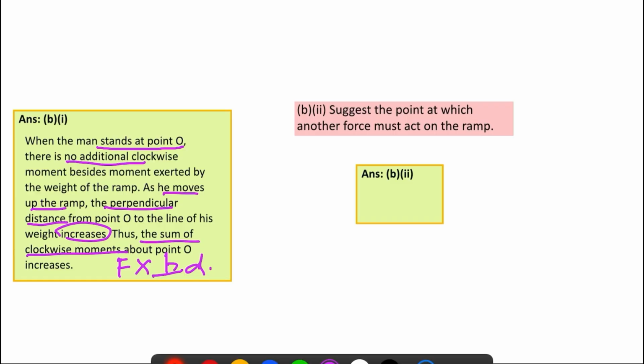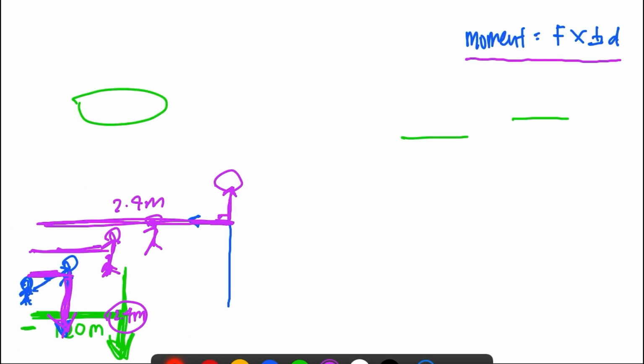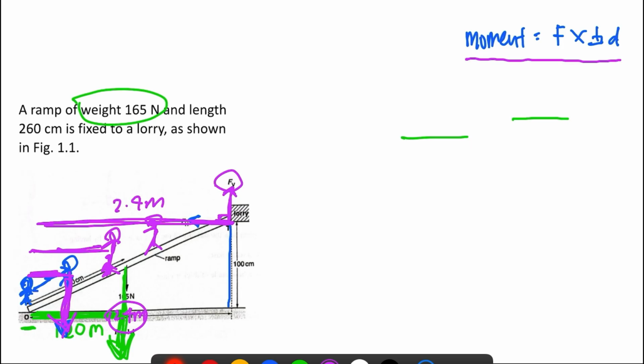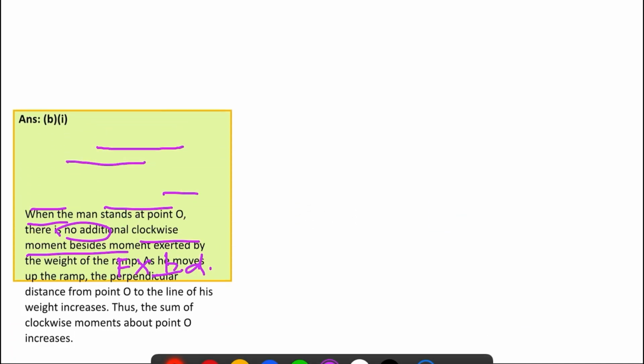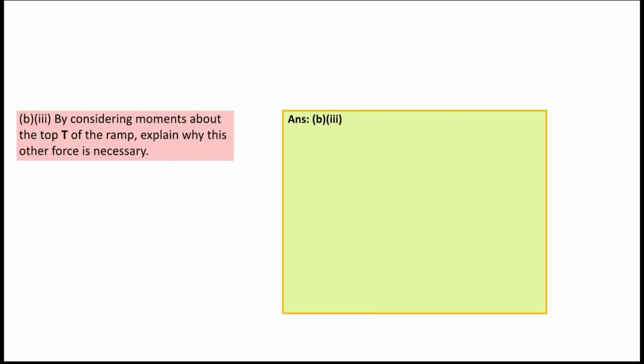Next. State at which point another force must act on the ramp. What's the other force that must act on the ramp? It is actually at point O. By considering moments about the top T of the ramp, explain why this other force is necessary. At the top T of the ramp, there are two anti-clockwise moments that act on it.